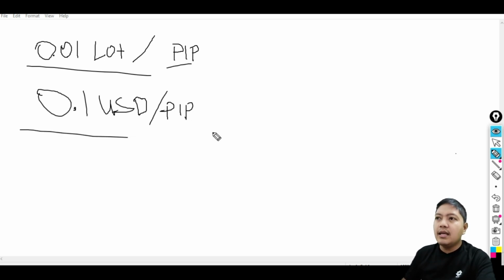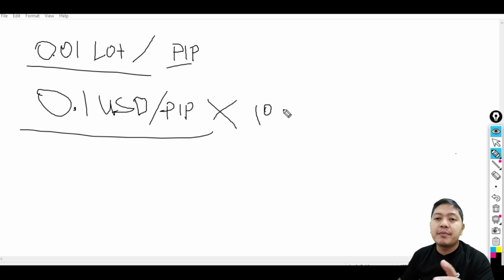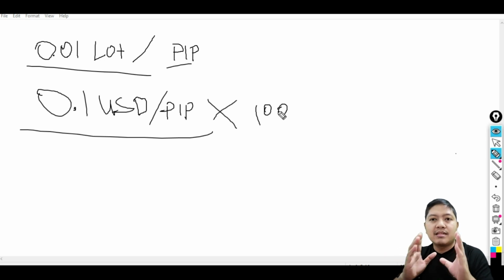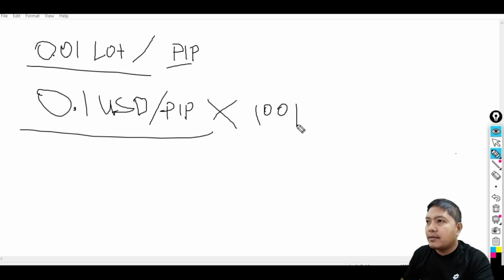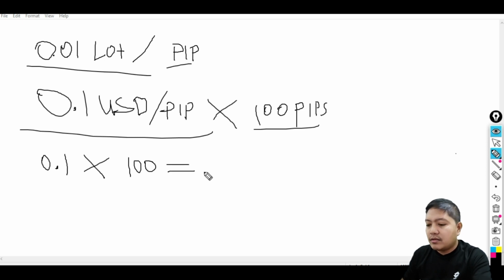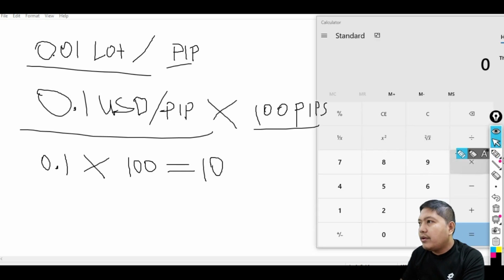So 0.1 USD multiplied by 100 pips. Why 100 pips? Because the farther the stop loss, the better, since it's not easy to hit. So 0.1 multiplied by 100 pips is equivalent to 10. Let's try to calculate it. We will use the calculator here.